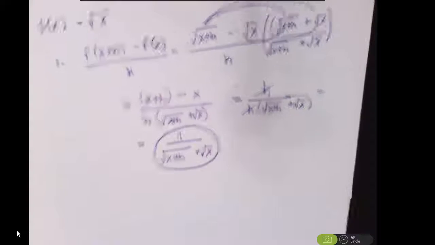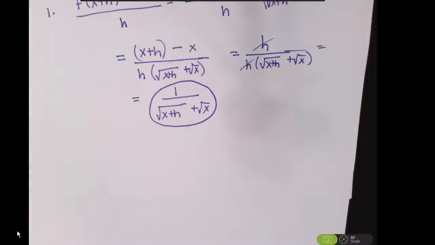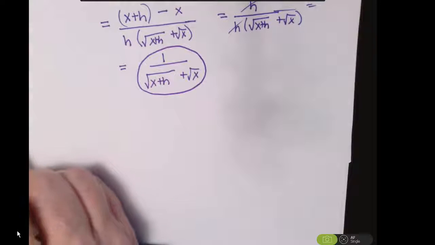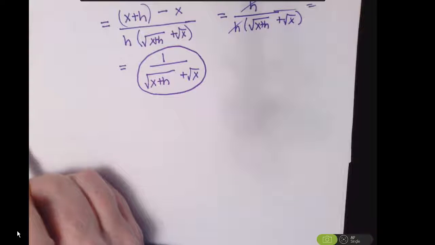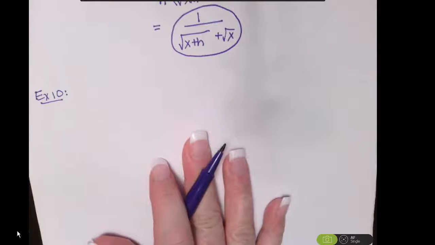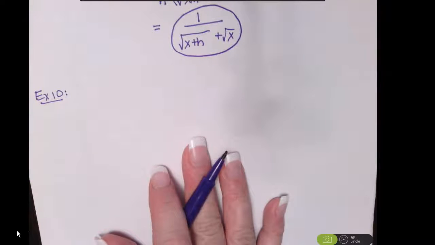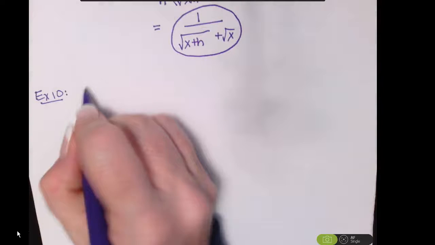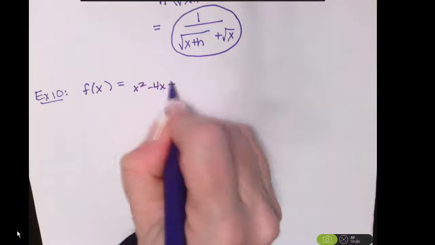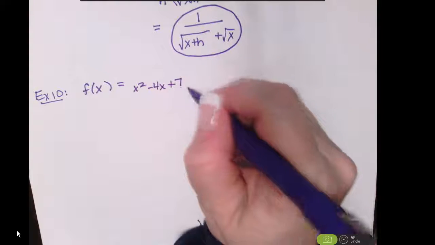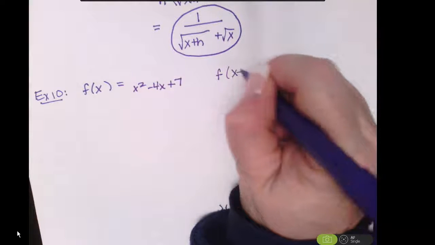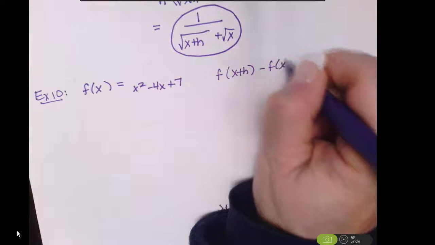I'm going to go back and do a simpler problem that is a little more algebraic. So this in your book is example 10. So I'm going to number that the same so that you can go back and find it. It's on page 23. So if I have a simple function, f of x equals x squared minus 4x plus 7, and I want to find the difference quotient. So you're going to start that out by using your difference quotient notation.